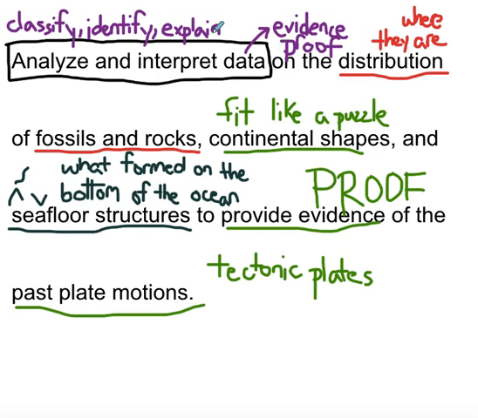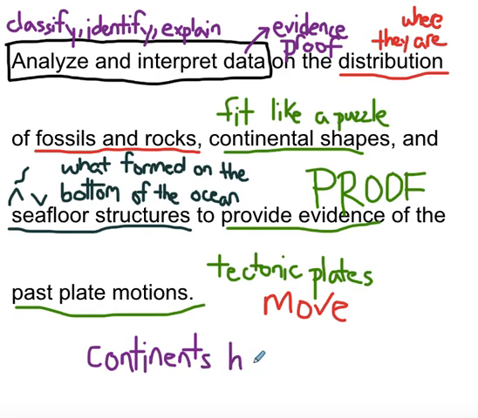And the big idea here is that by analyzing and interpreting all of this different types of data, you will be able to actually prove that the tectonic plates are moving, that they move. And when those plates move, they cause the continents to move. And that's our big goal here, to prove that the continents have moved.